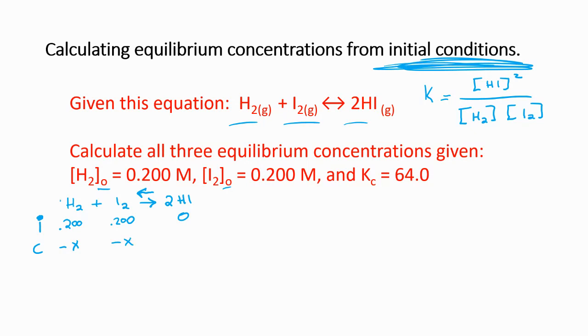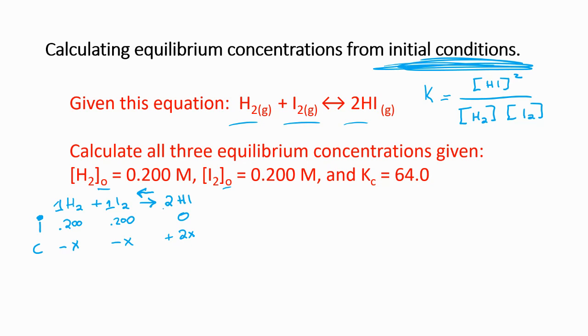Now, x and x? Well, these are both in a 1-to-1 ratio, right? So I know if I lose x amount of H2, I'm going to lose also x amount of I2. Consequently, on the right side, I've got to be careful. I'm going to say that I'm going to gain 2x of HI. That's not because I lost two x's on the left side.